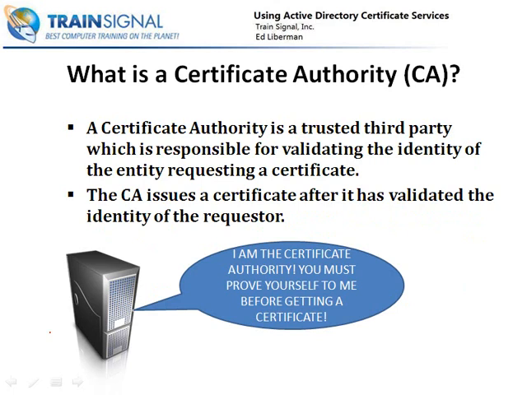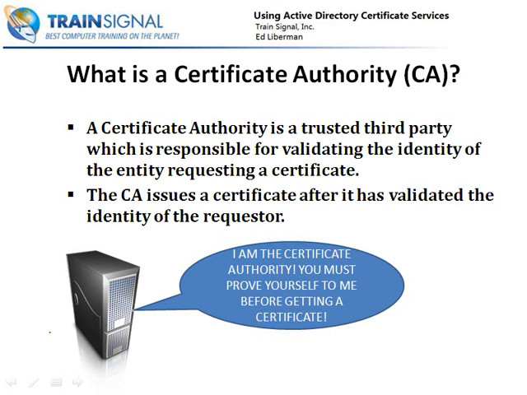It's a lot easier to say just the two letters, CA. So that's why you'll hear most people doing that. Now, the CA is a trusted third party whose primary responsibility is simply to validate the identity of the entity requesting the certificate.